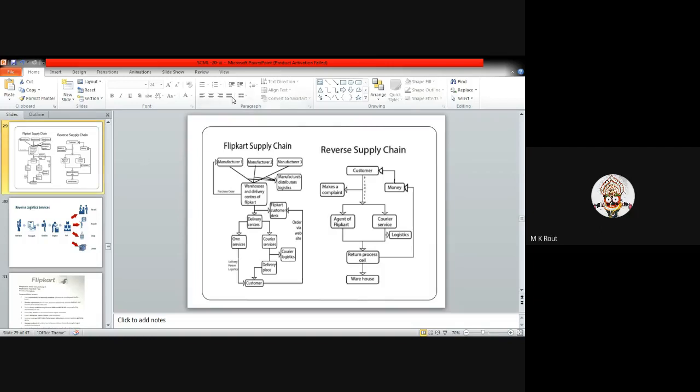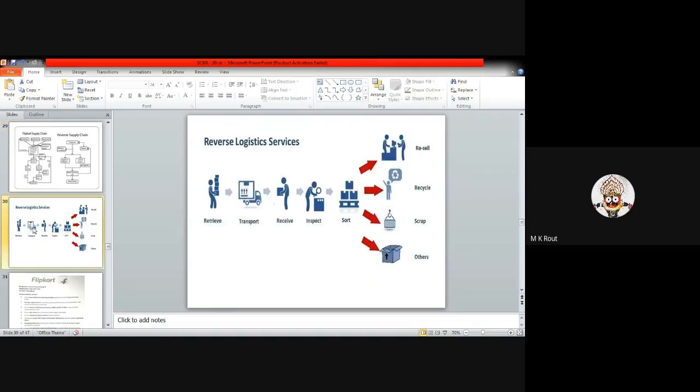The next is, for example, if the company finds any type of error or any type of breakage or damage, how do they use this particular product in case of Flipkart to generate value additions. In case of reverse logistics, most of the breakage, damage and errors are found in the product.